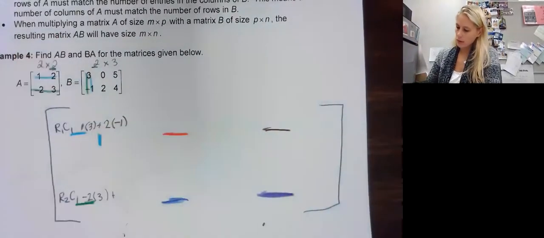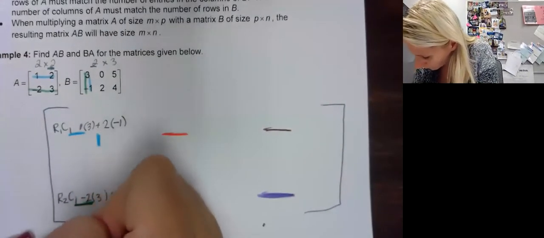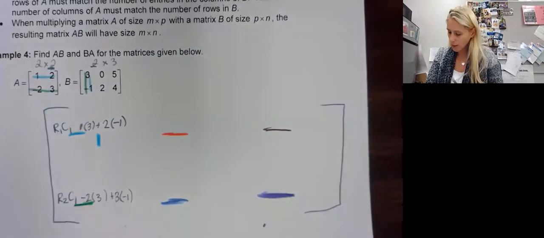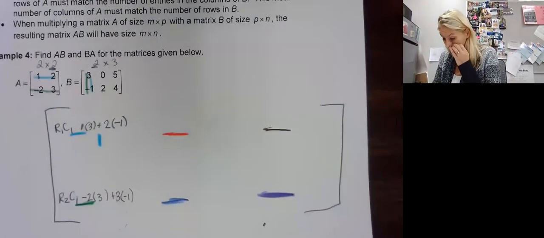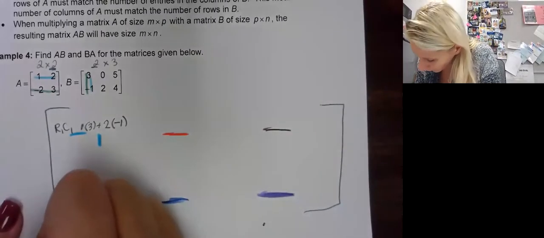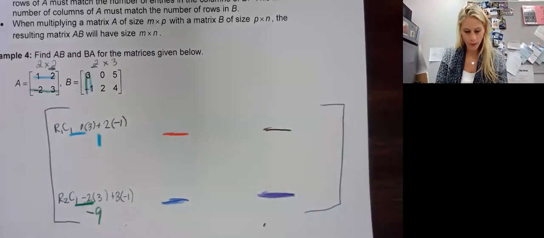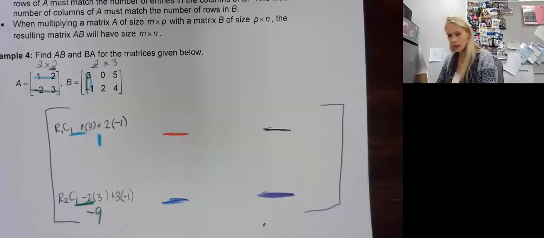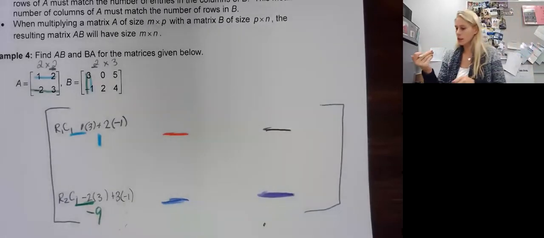I guess I want it to be consistent. 3 times -1. All right, let's do that math. Of course, you guys can always use your calculator if you need. That is -6 plus -3 is -9. All right. It'd be nice if I could get a pencil that stays with me, but I guess I'll use this pen.